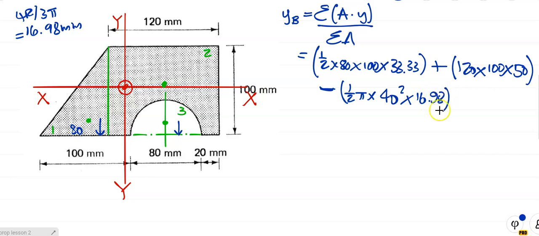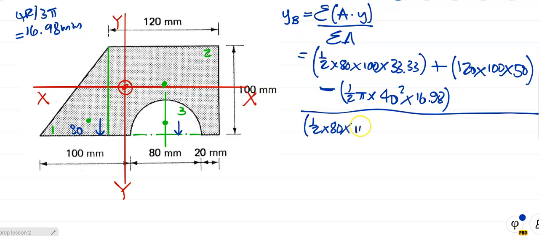All divided by the total area of my cross section. So it is half times 80 times 100, plus 120 times 100, minus, don't forget the minus, if you add it, it's going to be wrong, the area of the semicircle, minus half pi times 40 squared.